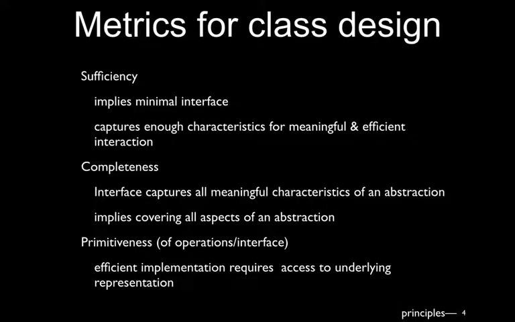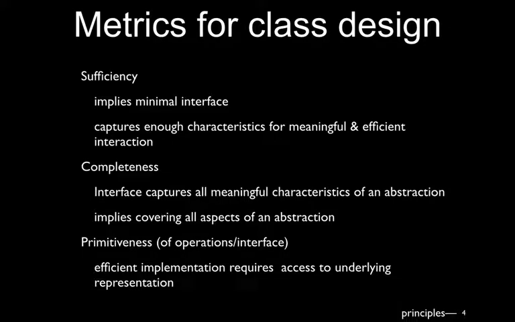Primitiveness simply means that the methods, the operations we provide on an interface or a class, are very small and basic implementations, focused on providing an efficient implementation for whatever functionality we want. Given a function, you ask yourself: is this function very primitive and efficient, and can it not be built using the other functions available in this abstraction?